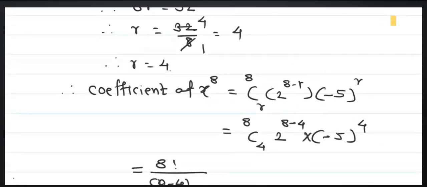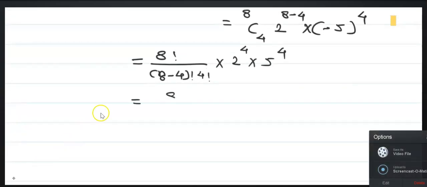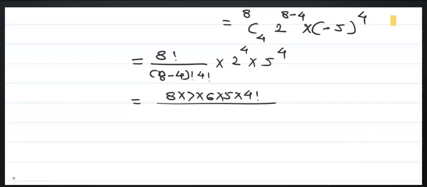8C4 is 8 factorial upon (8 minus 4) factorial into 4 factorial, 2 raised to 4 and minus 5 raised to 4 means what? 5 raised to 4. Now next is 8 into, expand up to the 8 4.